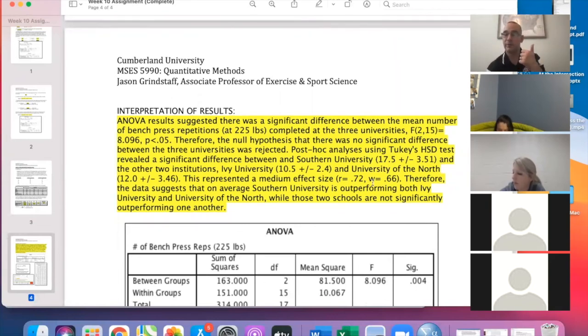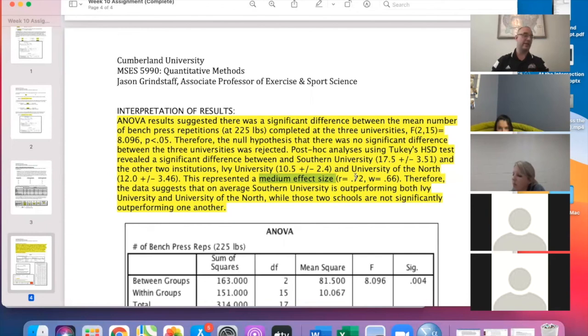We state what test we ran, which was an ANOVA. If there was statistical significance, then we need to run our post hoc analysis. In this case, we ran a Tukey HSD test, and then we followed that up to determine magnitude of effect with effect size.